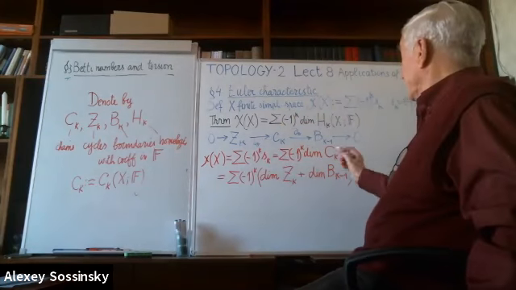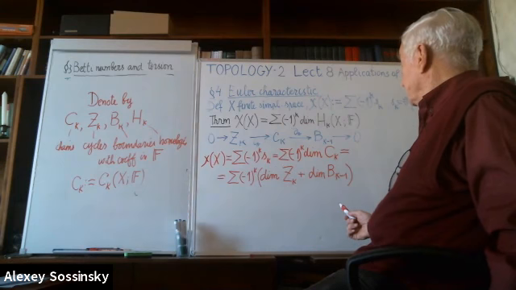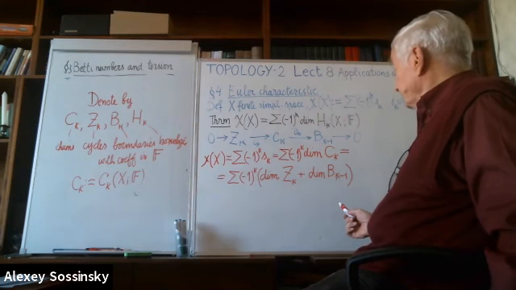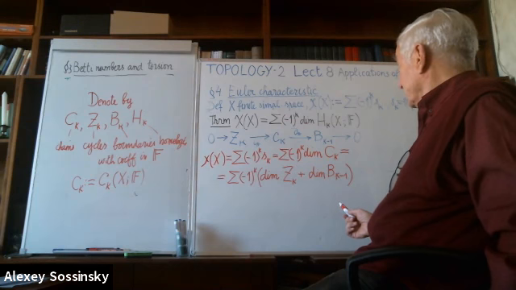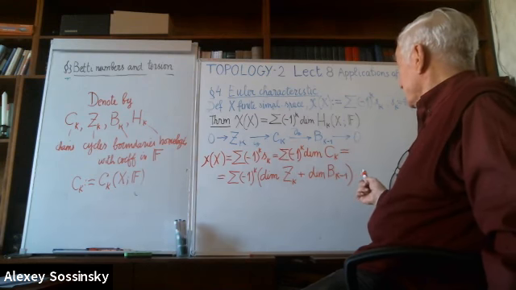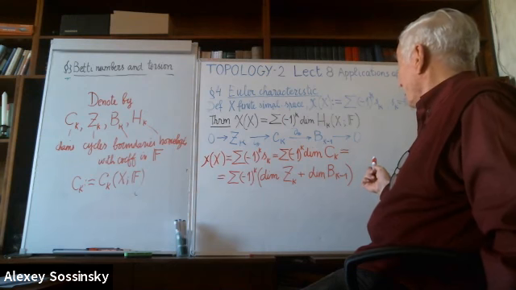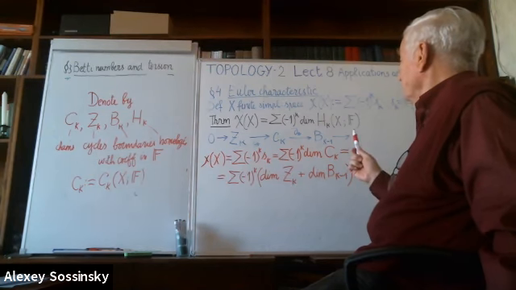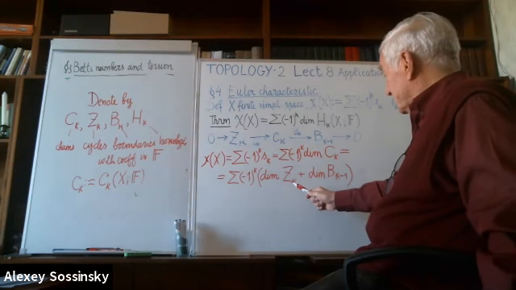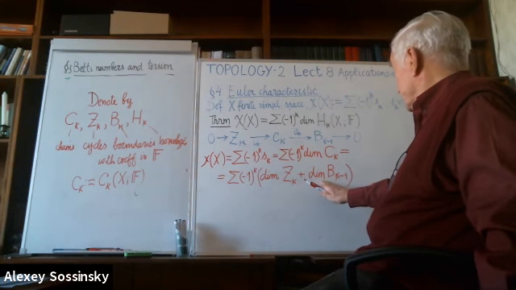Now, why do we have that equality here? Well, because of this exact sequence, chains are either cycles or go to boundaries.